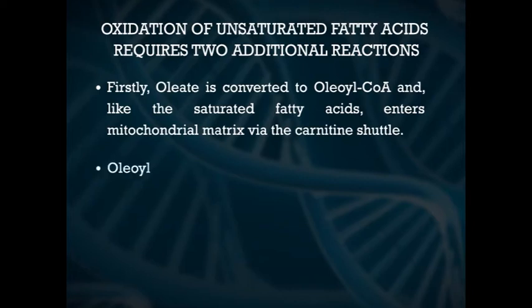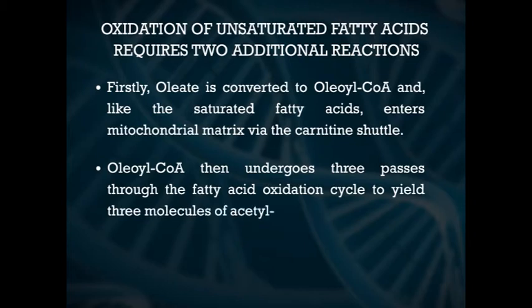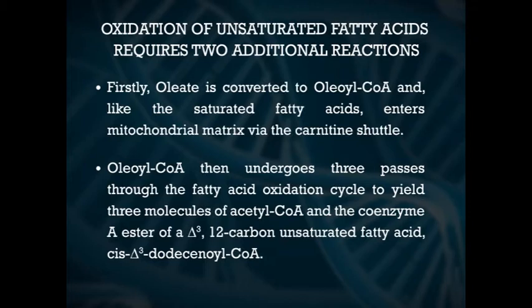This oleoyl-CoA then undergoes 3 passes through the fatty acid oxidation cycle to yield 3 molecules of acetyl-CoA and the coenzyme A ester of a delta 3 12-carbon unsaturated fatty acid, the cis delta 3 dodecenoyl-CoA.